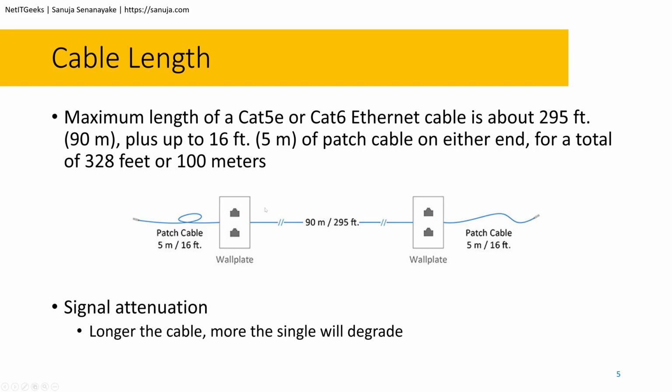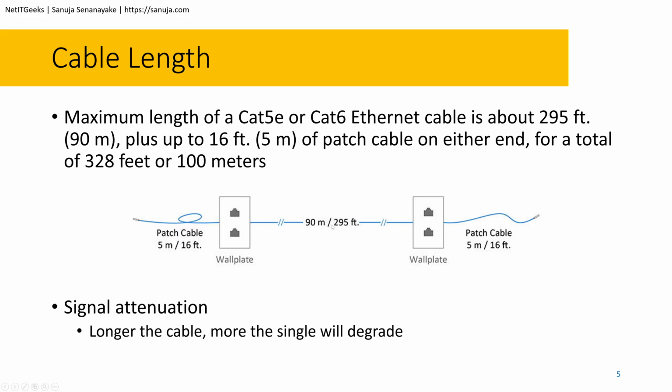For example, we have a wall socket here, and let's say there's a switch in between, and we have a wall socket in here. We can put 100 meters between the switch and the wall socket, and the switch and the other wall socket. But if there is no switch or intermediary device, it's going from socket to socket. So let's say this is a patch panel right here, and this is a wall plate right here.